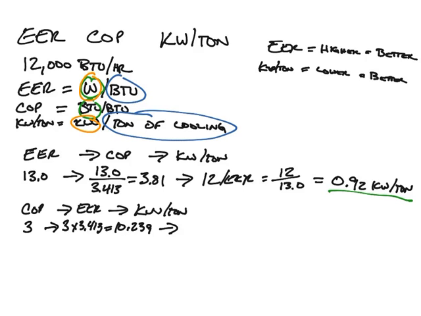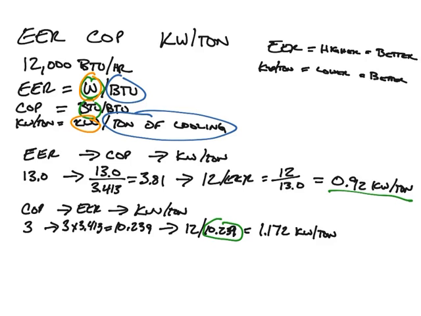Converting that to kW per ton, it's 12 divided by 10.239, which equals 1.172 kW per ton. Again, looking at our logic, the EER is less than 12, so we know our kW per ton has to be higher than 1.